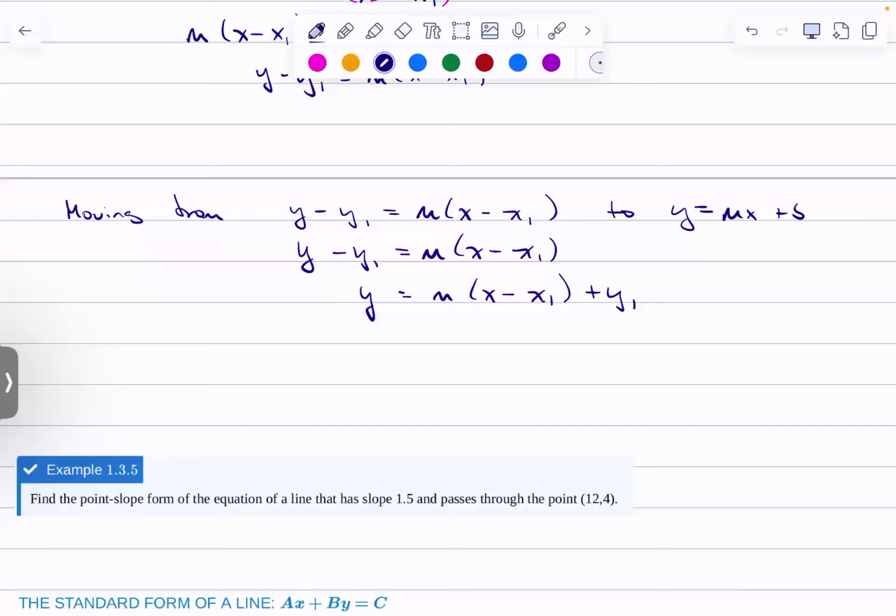Not quite in the y equals mx plus b form yet, right? What do I need to do? I need to distribute that m inside the brackets. And so we have y equals m times x minus m times x1, and then plus y1.